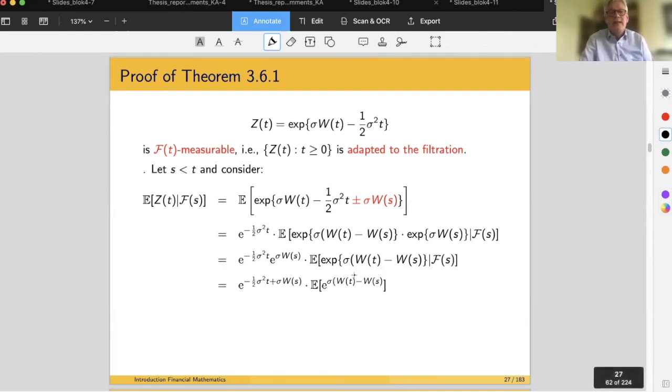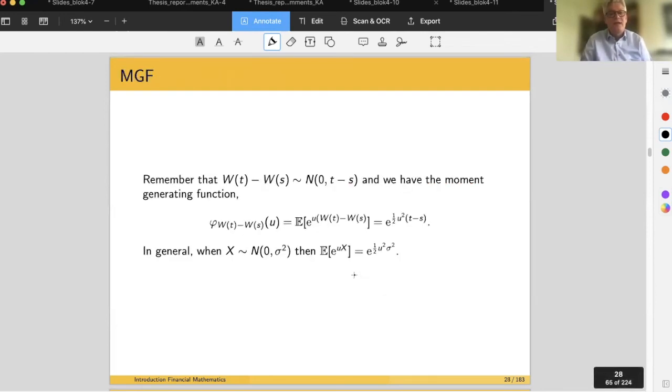And this moment generating function, I have it here in the next slide. Remember that this increment Wt minus Ws is normally distributed with mean zero and variance t minus s. And then we have derived that the moment generating function is given as follows. It was written as phi with as subscript the stochastic variable, so the process Wt minus Ws, and as argument u.